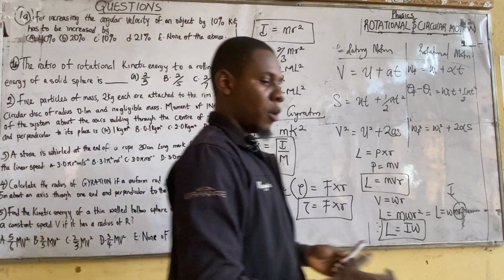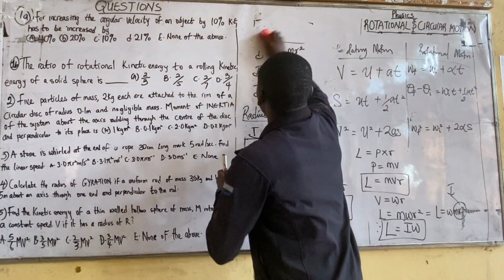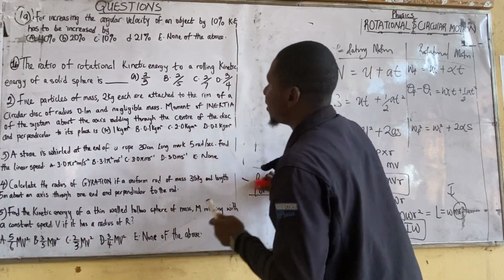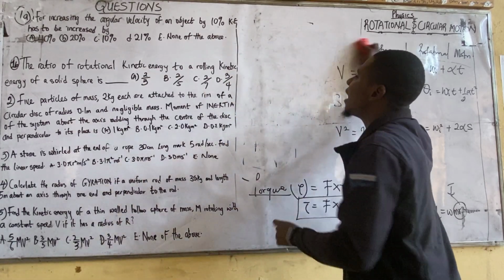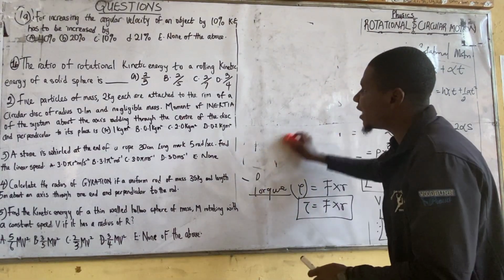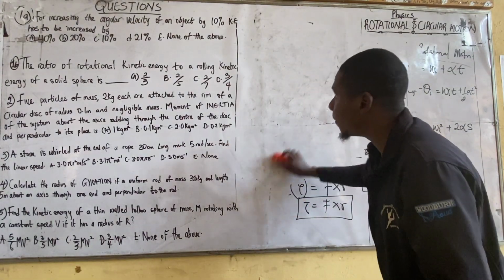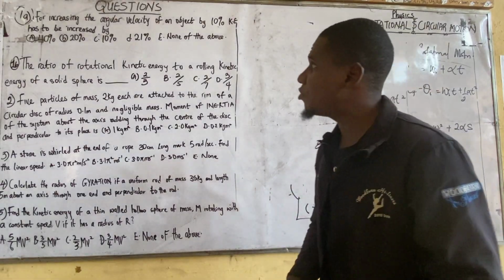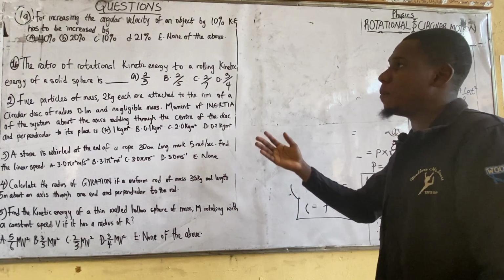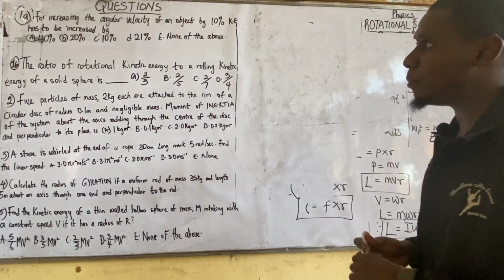Let's start with number one. The first question says that for increasing the angular velocity of an object by 10%, the kinetic energy has to be increased by dash. Option A 40%, B 20%, C 10%, D 21%, and E none of the above.